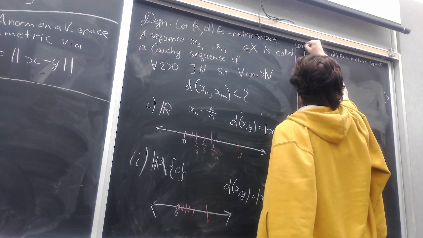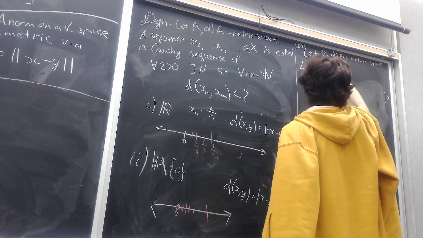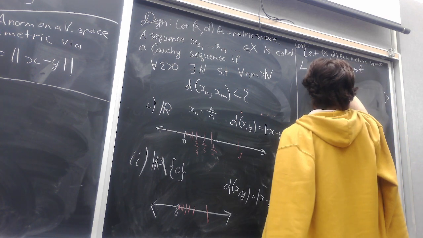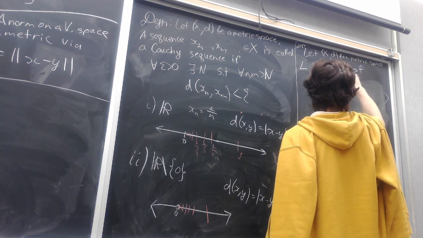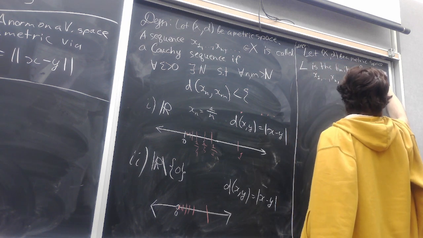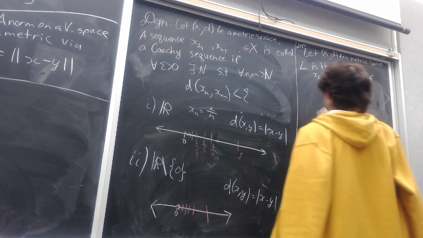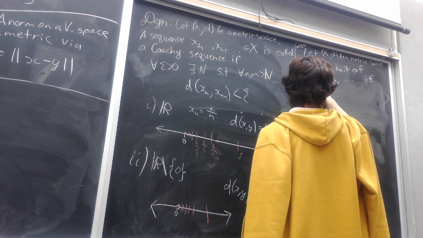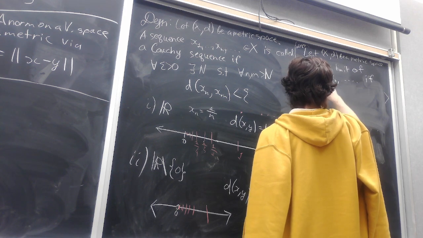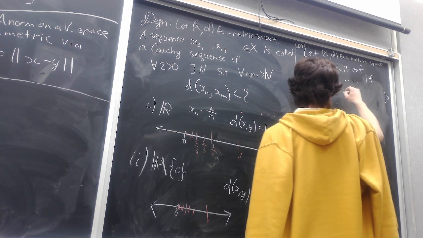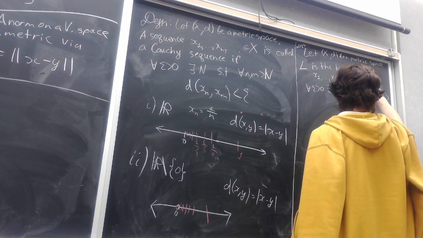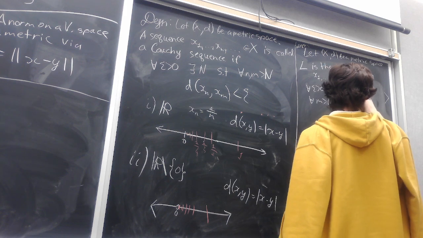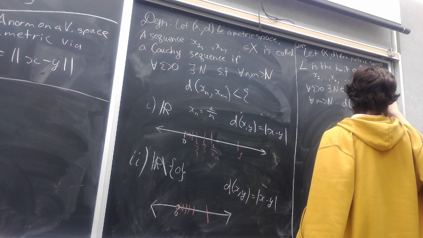Definition: L is the limit of the sequence x1 to xn and so on, if for all epsilon greater than 0, there exists an n in the natural numbers such that for all m greater than n, the distance from L to xm is less than epsilon.